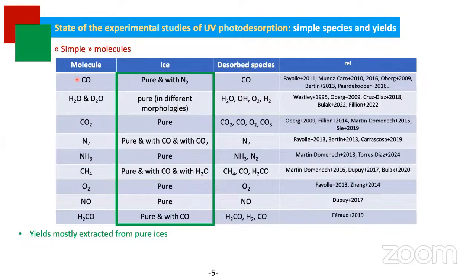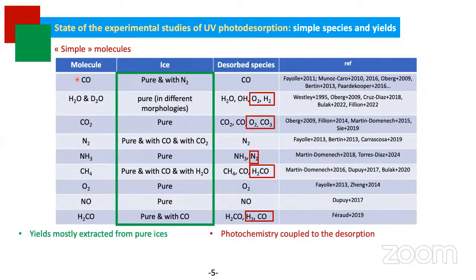Second, it's also important to stress that if you shine light on a molecular ice, it's not only the molecules that you've deposited originally which are desorbing. There are many things that can happen. You can have photodissociation, you can have photochemistry, which means that just in the case of water, for instance, you will have the photodesorption yield of water, but also OH, also O2, H2, and it's the same for a big collection of molecules which are here.